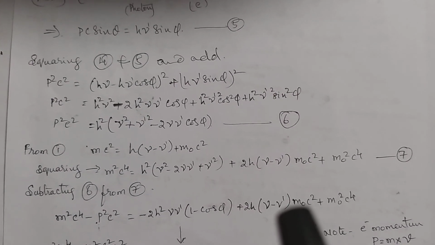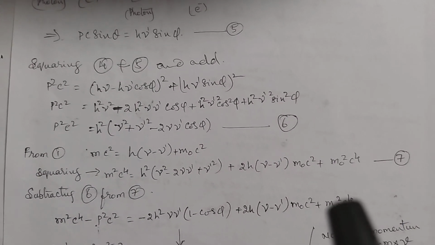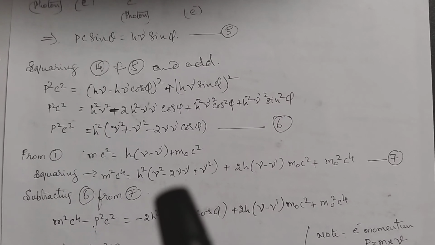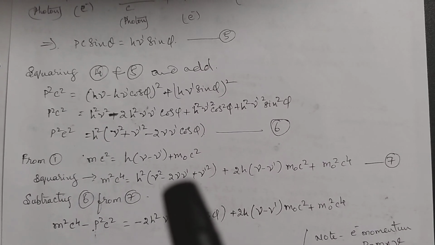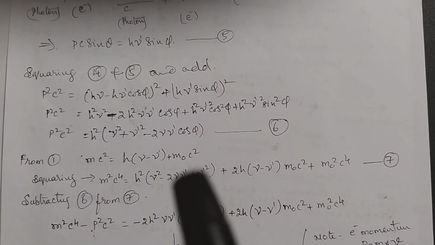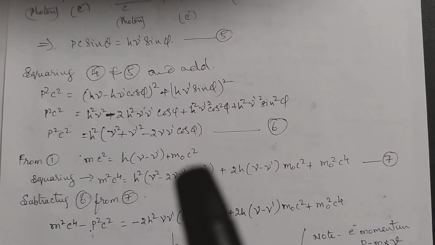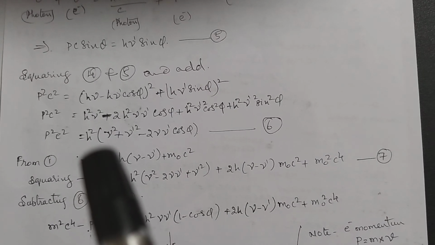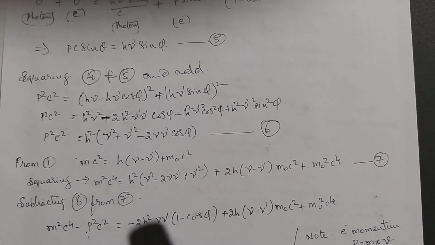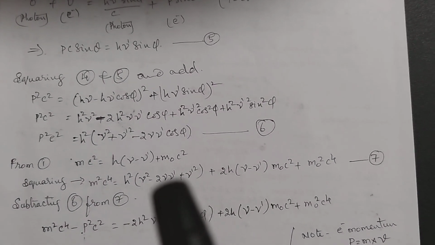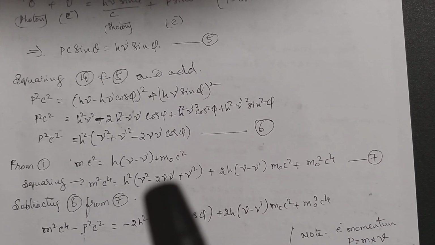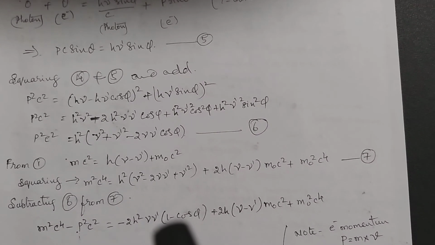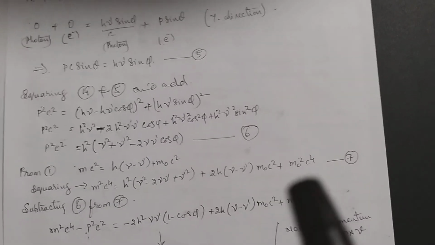This will come like that only. This will come same thing. But here you will have h square nu square. And here also there is h square nu square. So they will cancel. And 2h square nu nu dashed if you take out, then you will get 1 minus cos phi inside the bracket.